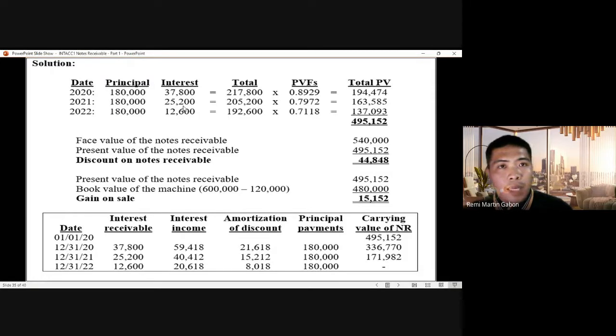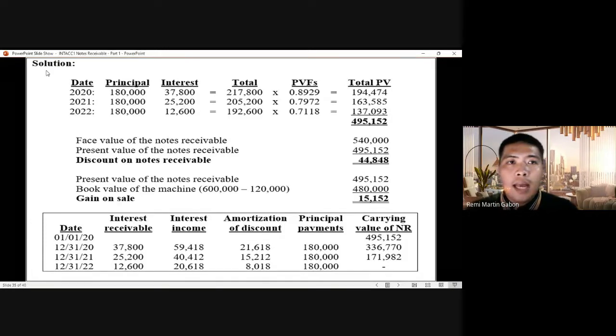So that should be 25,200. Okay? So 540 minus 180, that should be 360 times 7% is 25,200. Then the last installment of 180,000 times 0.07, 12,600 yung result.